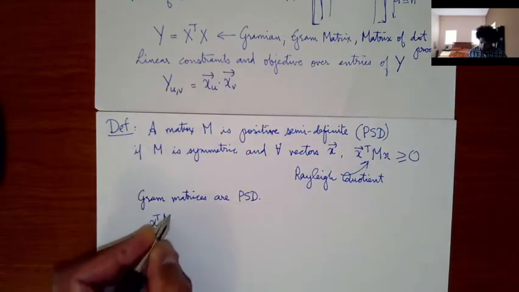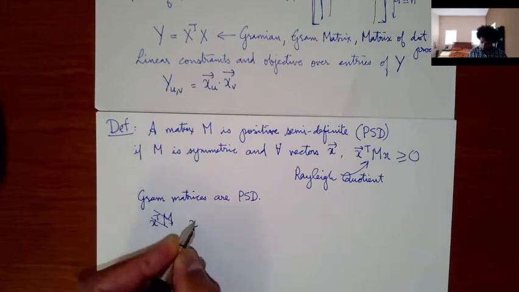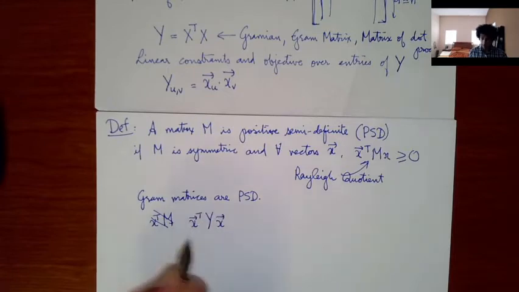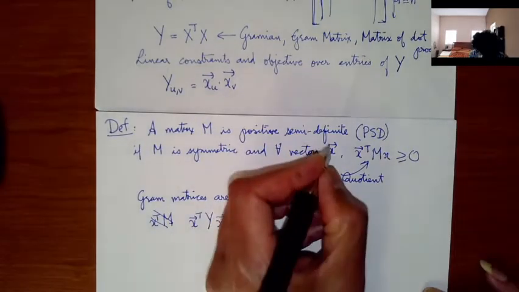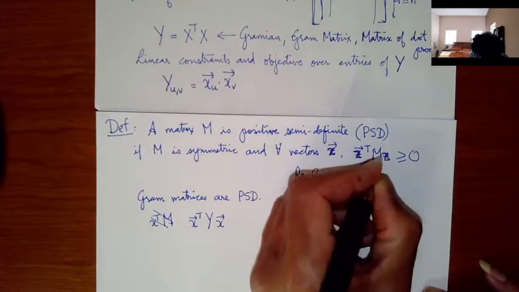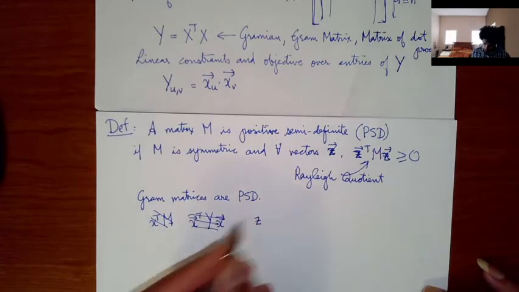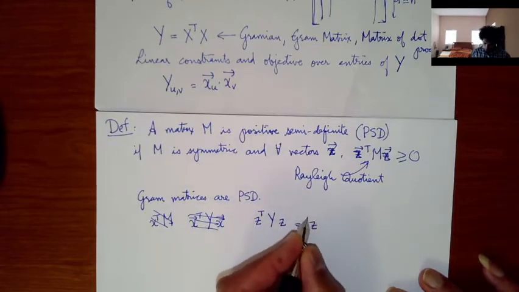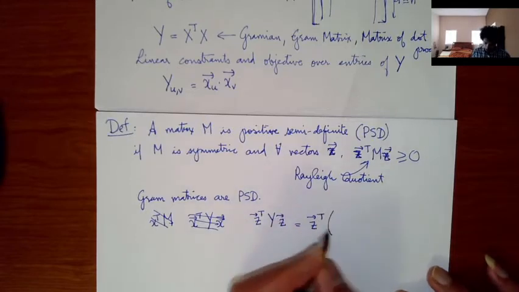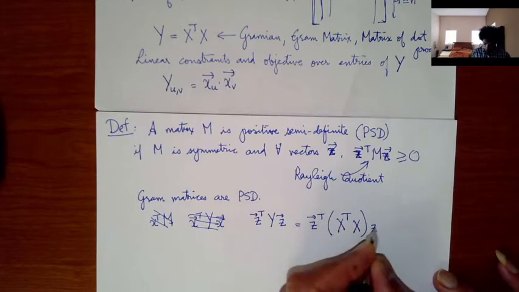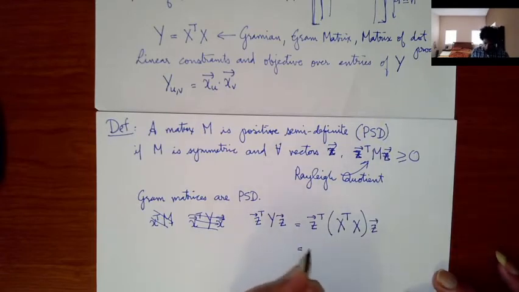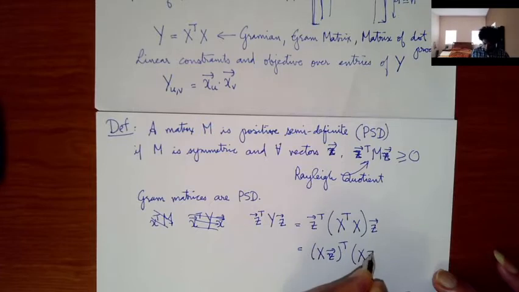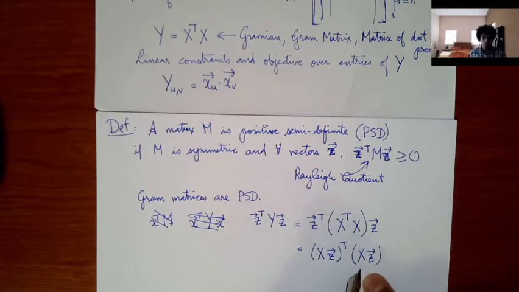So let's take X transpose Y X. Maybe I'll just call this Z instead, just so that we don't interfere with X. So Z transpose Y Z. Now this is equal to, right, these are vectors, Z transpose X transpose X Z. Now I can write this as X Z transpose times X Z. So this is just a vector dot product with itself, which is a norm, and this is greater than or equal to 0.